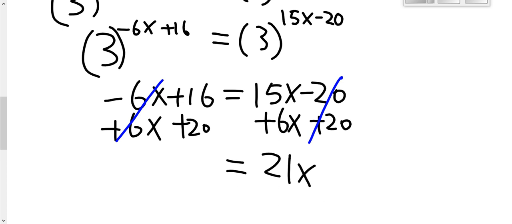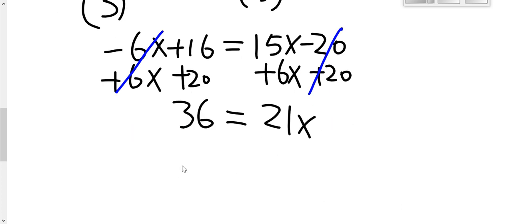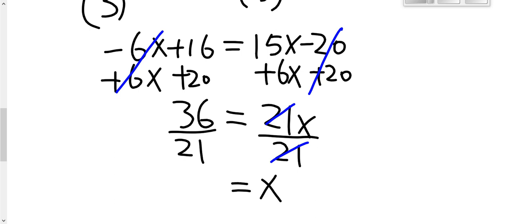And then right hand side, 16 plus 20 gives you 36, and then divide both sides by 21, 21, 21, gone. So that means x is, well, we can simplify this, 12 and 7. So that means x is 12 over 7.